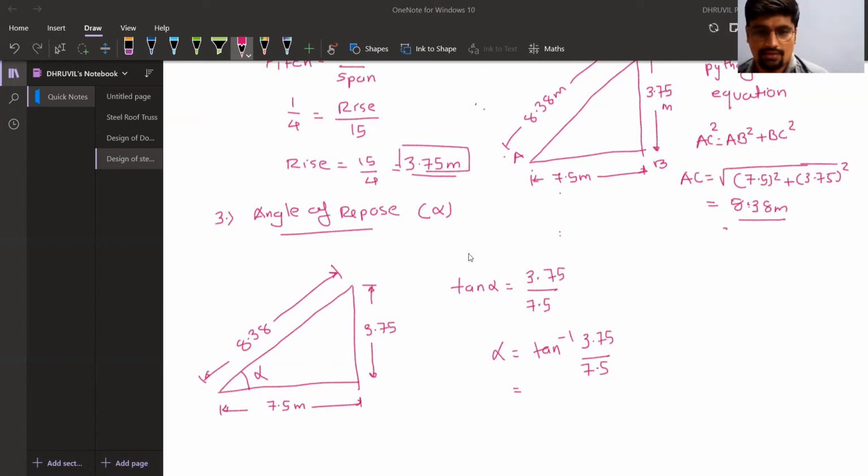Let's calculate: 3.75 divided by 7.5 is 0.5. If we use a scientific calculator, then the value of theta is equal to 26.56 degree. That is what we get.